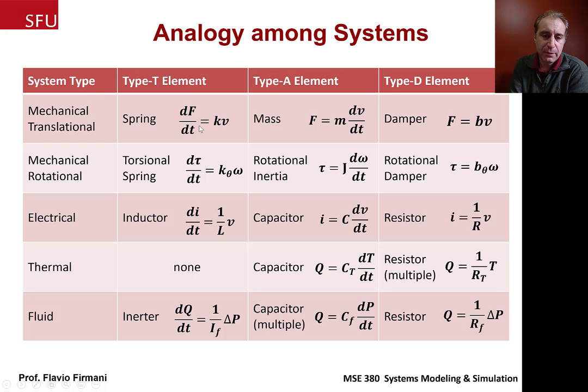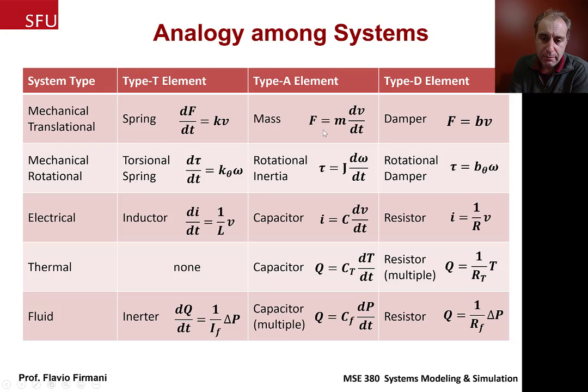For the type T elements, we have on the left-hand side the time derivative of the T element, and on the right-hand side we're going to have a coefficient, whether it's just a simple coefficient or the inverse of the coefficient times the across variable.